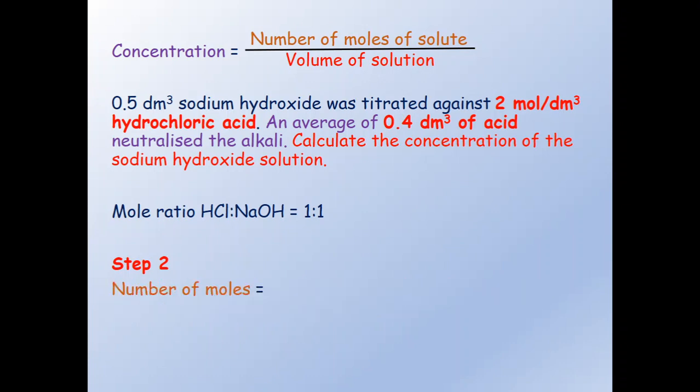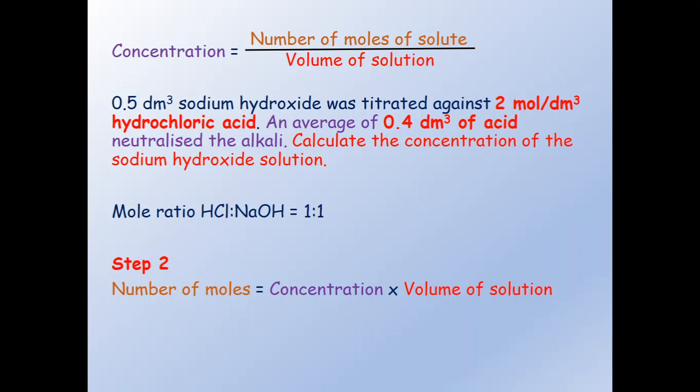To calculate the number of moles, we have to rearrange the equation for the concentration. We can do this by timesing both sides of the equation with the volume of solution, and we get number of moles equals concentration times volume of solution.